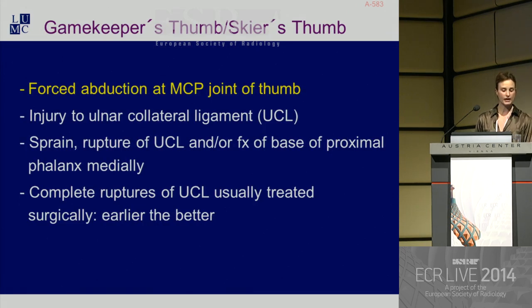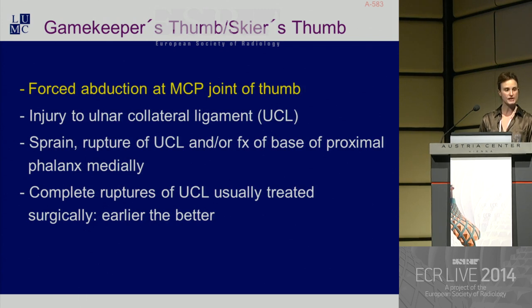Now, the gamekeeper's thumb or the skier's thumb. The skier's thumb is the second most common injury of the ligaments in a skier after the strain of the medial collateral ligament. It is due to a forced abduction, a forced valgus stress at the level of the MCP joint.